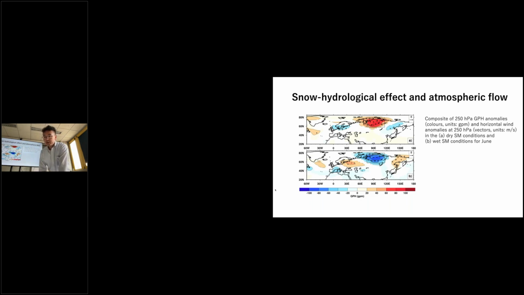So our question is really whether the land could contribute to the atmospheric flow. To a first approximation, we expect that the atmospheric flow can melt or delay the melt of the snow, and that causes some variability in the snow water equivalent and soil moisture.